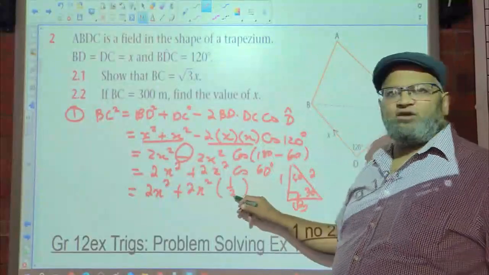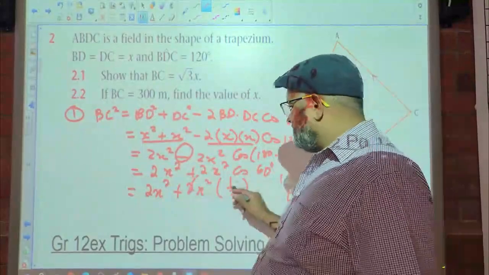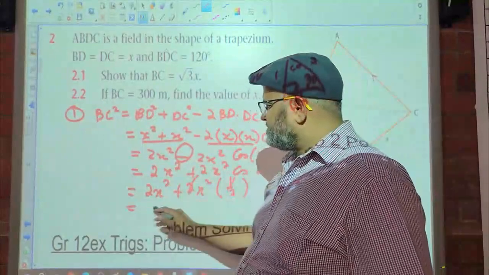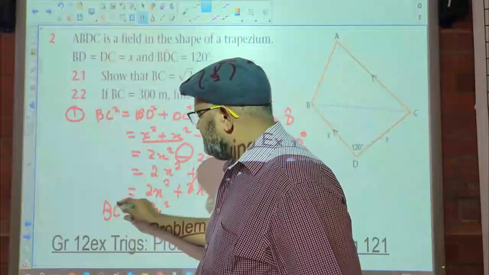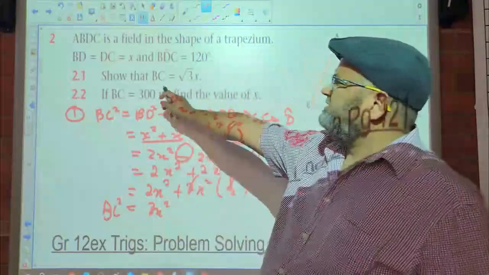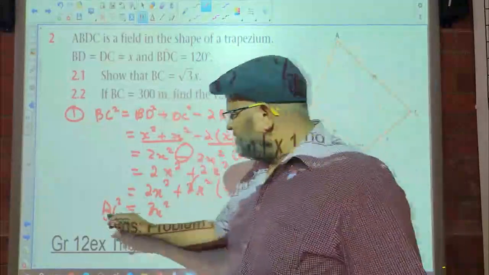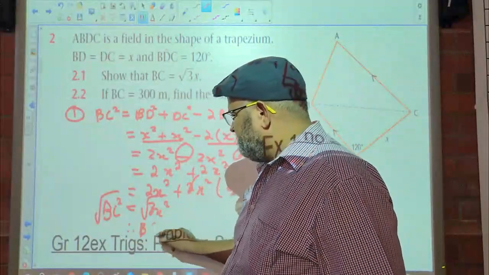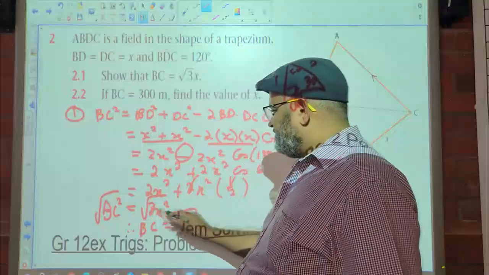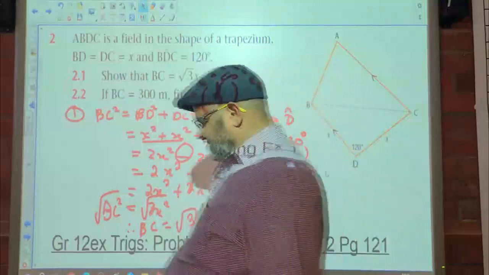What is 2 times half? 1, so that's gone. So what is 2x squared plus x squared? 3x squared. So BC squared is going to be 3x squared. What do they want? BC. So square root both sides. So therefore, BC is going to be root 3 times the root of x squared, which, of course, is x.